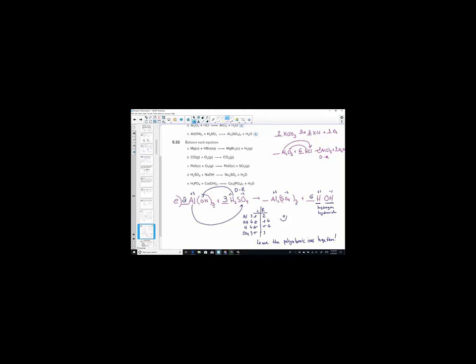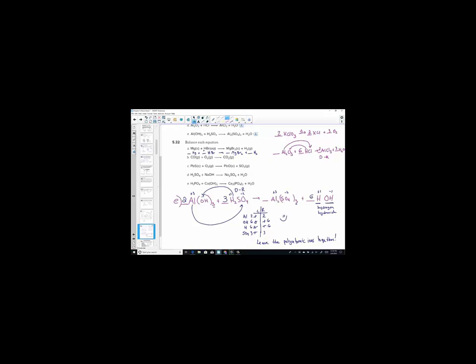All right, good work. How about the second set? Magnesium plus HBr yields magnesium bromide and hydrogen gas. 1 Mg, 1 Mg, check. 1 H, 2 H's.